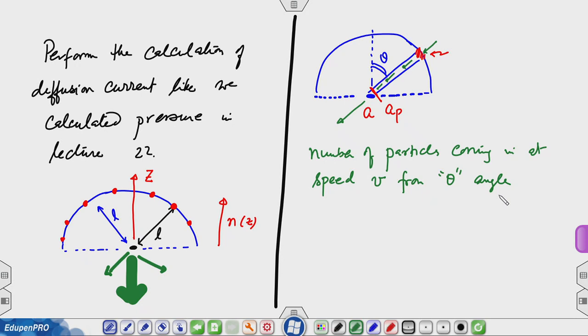So the number of particles is going to be, the density will correspond to the previous collision place. After that, density doesn't change on an average, and there is no information about the density beyond this point.